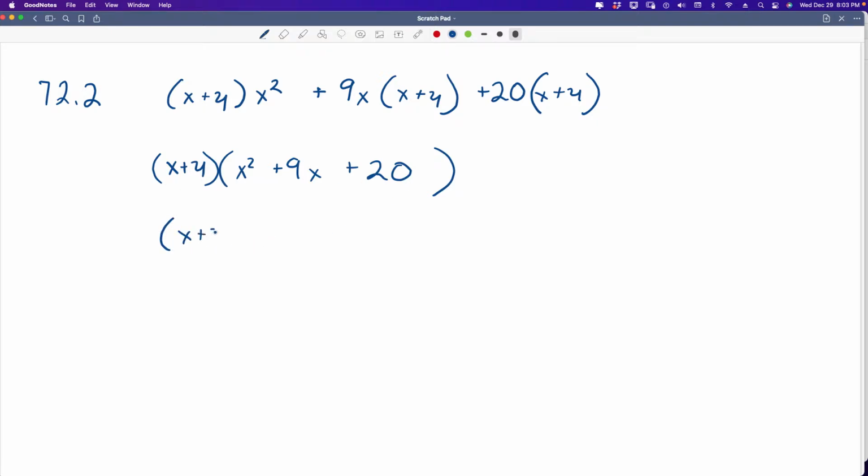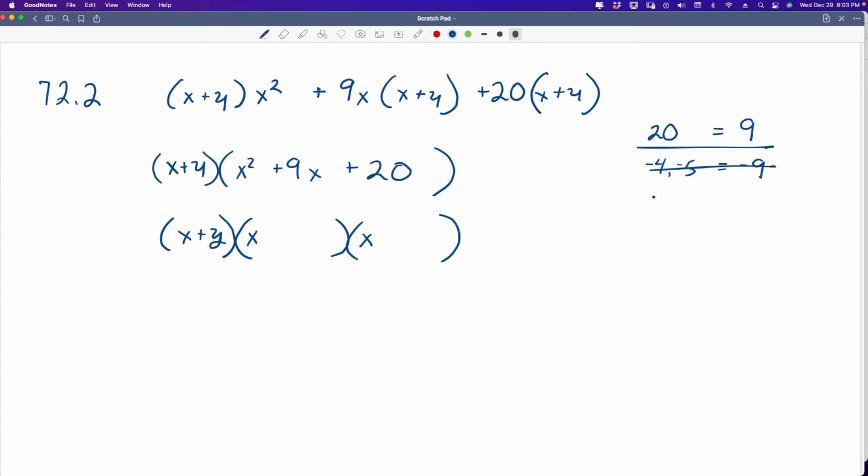So x plus y, and then we create our pair of parentheses. We factor x squared, that's x times x. Now we're looking for the factors of positive 20 that equal 9 when combined. So we have negative 4, negative 5, that equals negative 9.